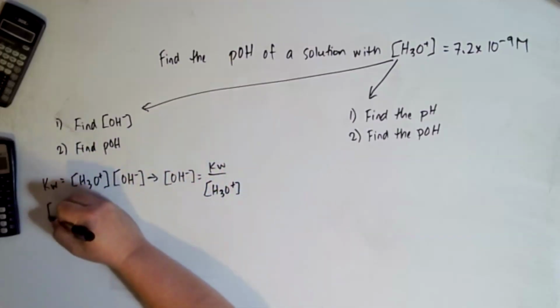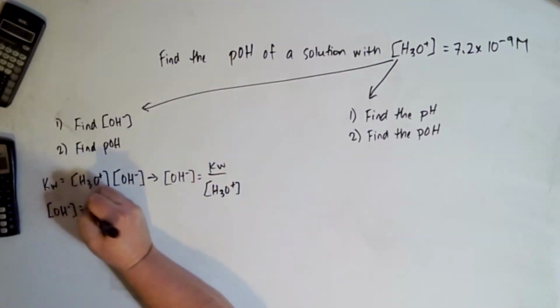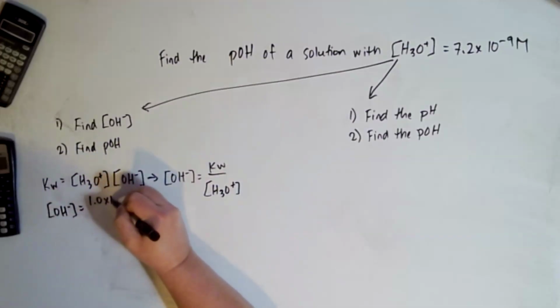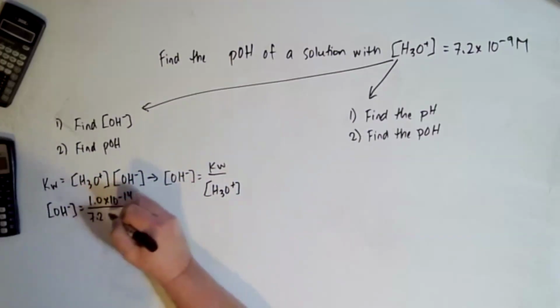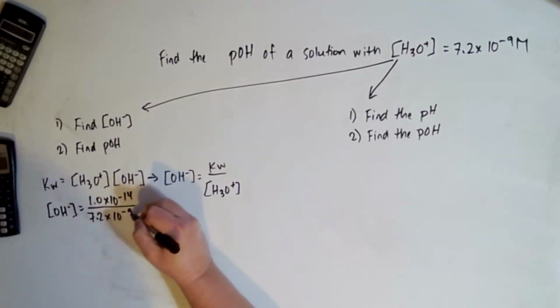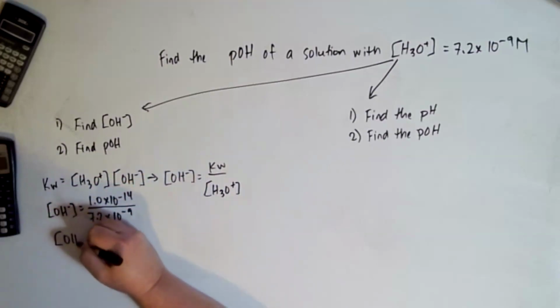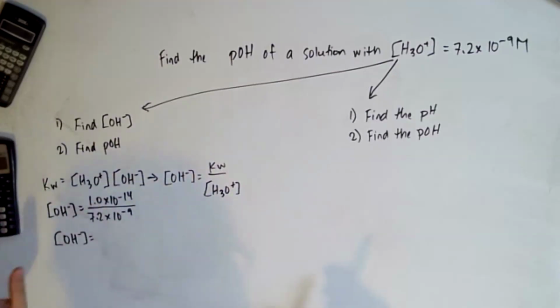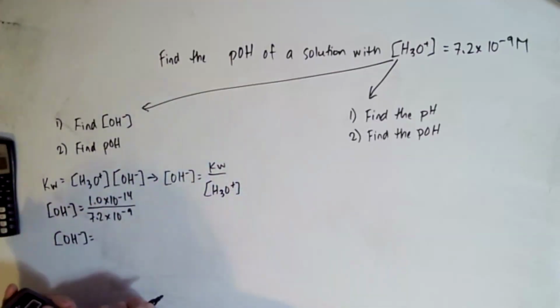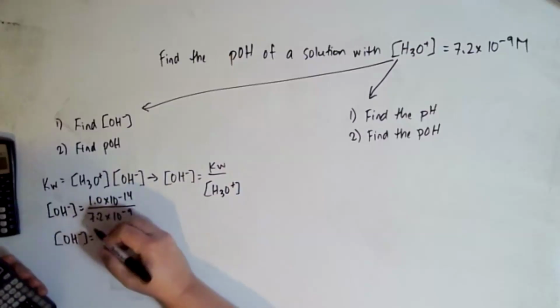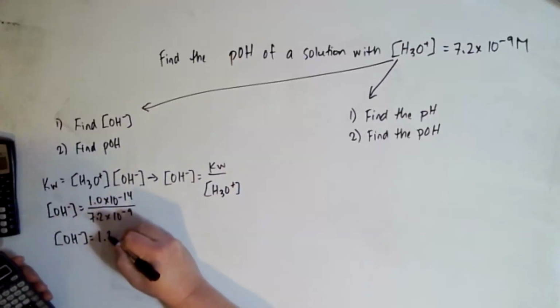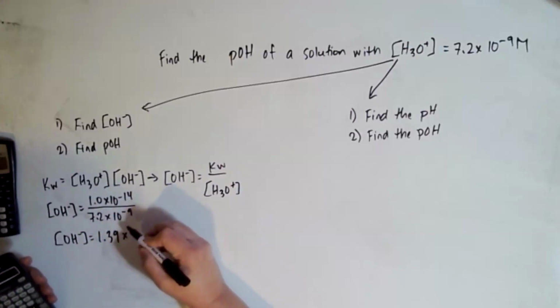So my OH- is going to be 1 times 10 to the negative 14 divided by 7.2 times 10 to the negative 9. My hydroxide ion concentration is going to be 1.39 times 10 to the negative 6.